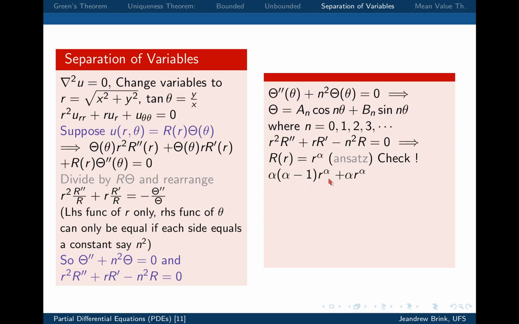Plus R times R's first derivative, which is just alpha times R to the alpha, minus n squared R to the alpha. You can factor out R to the alpha and simplify things, and what you get is alpha squared minus alpha plus alpha, so that falls away, minus n squared equals 0. So you have that alpha is just equal to plus or minus n.